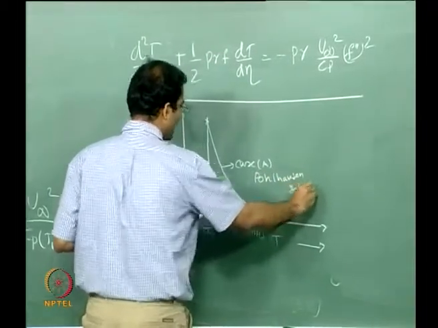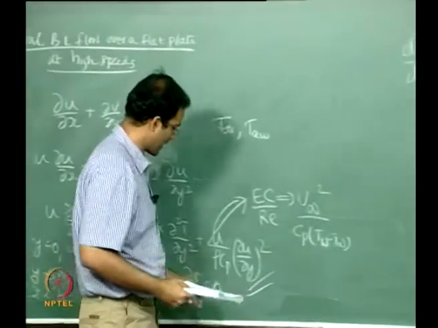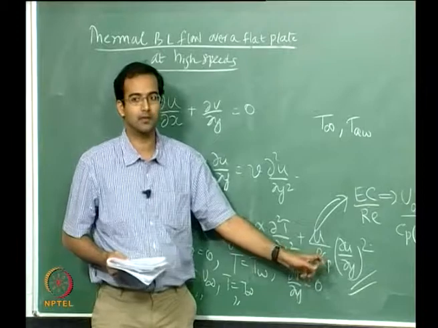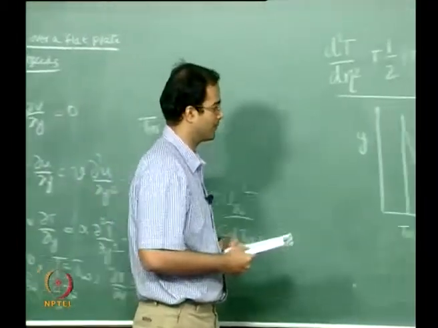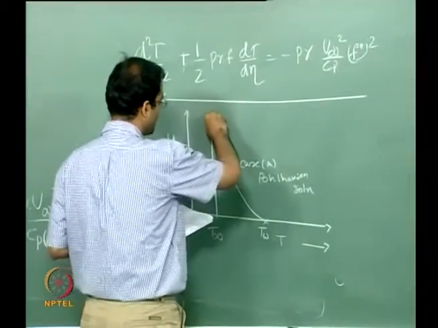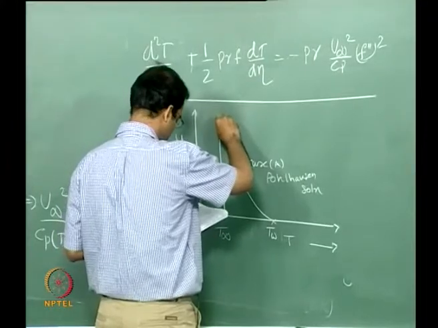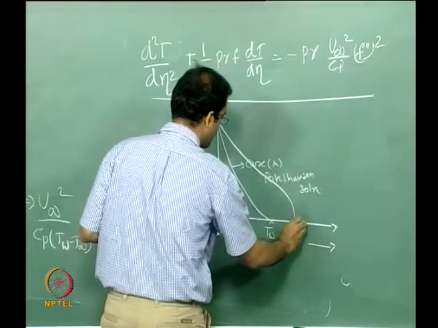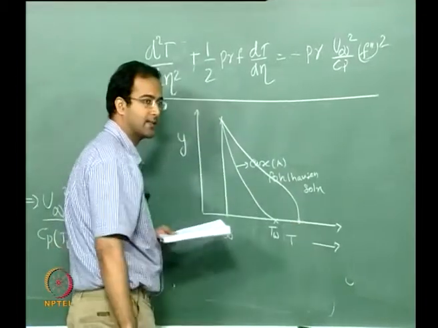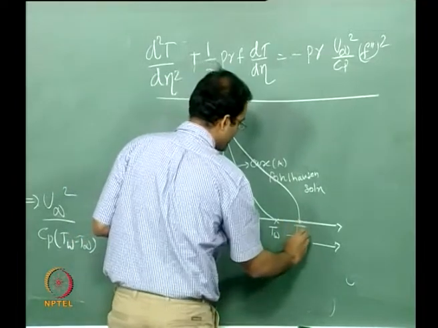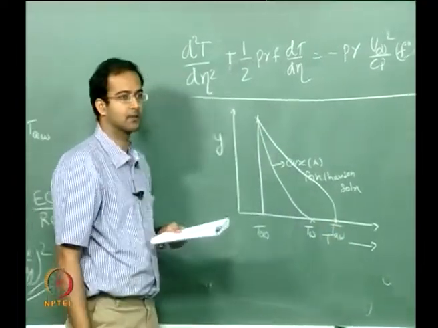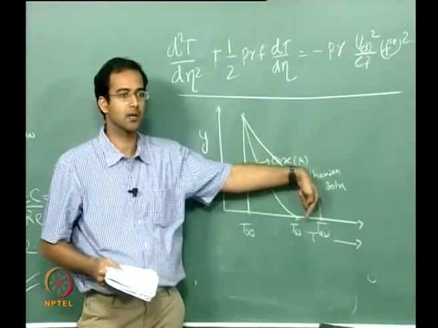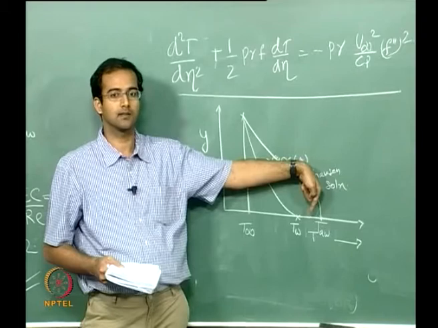Now if you do case B, that is, you apply an adiabatic condition at the wall but you include the viscous dissipation term, your temperature profile will look something like this. The temperature value that you see here is the highest; that is nothing but your adiabatic wall temperature, and the condition that the flux has to be zero makes sure that the profile becomes normal at the boundary.